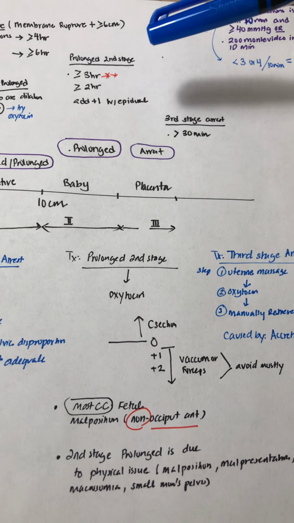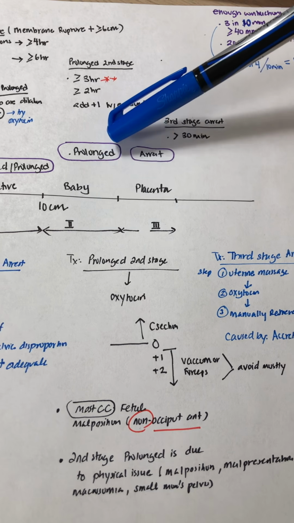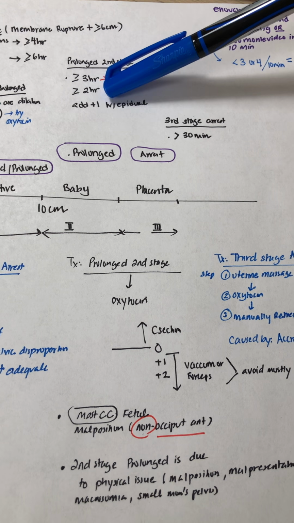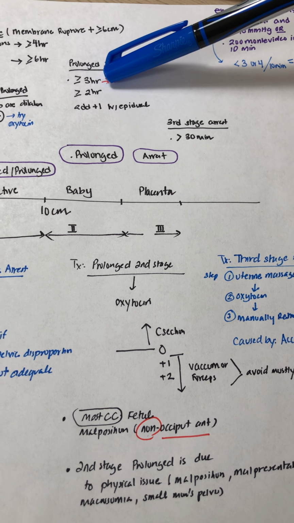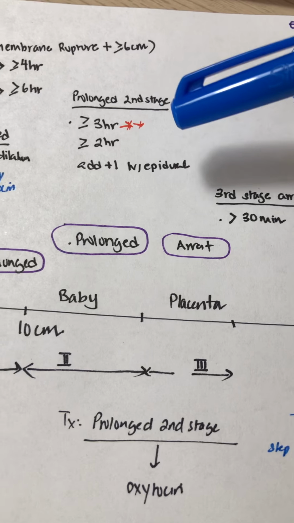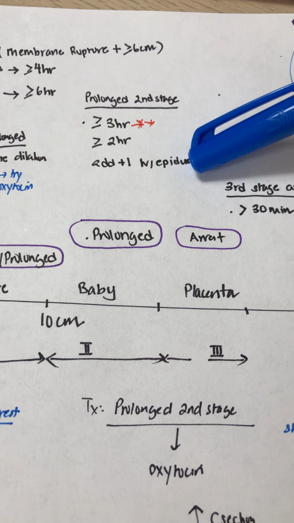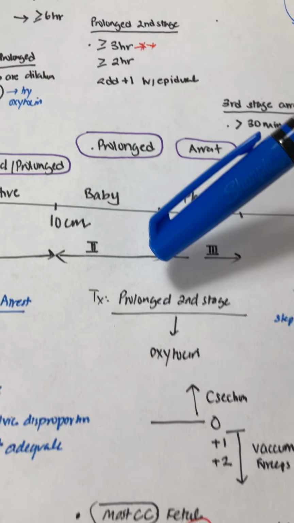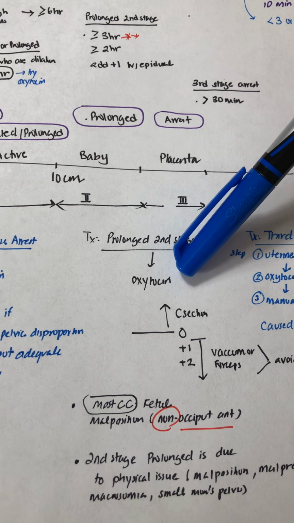The third one is the second stage, the prolonged stage. Prolonged stage means 3-2: 3 hours in nulliparous, 2 hours in multiparous, and add 1 hour if with epidural, so this becomes 4-3. If it's a prolonged stage, you can try oxytocin.